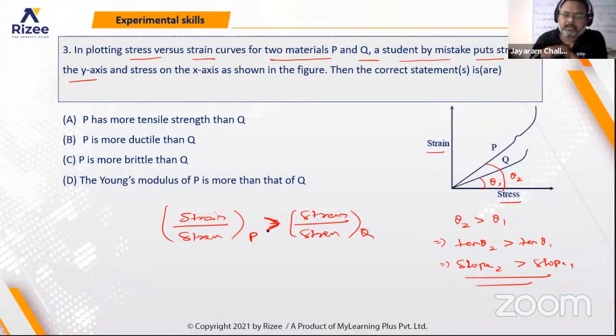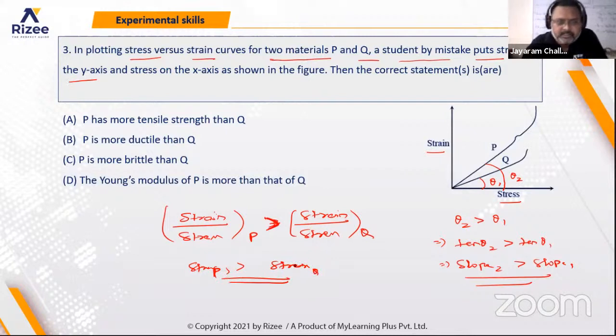So the stress of P is greater than the tensile stress of Q. Due to that reason, your first option is going to be true. Now coming to whether it is ductile or brittle.